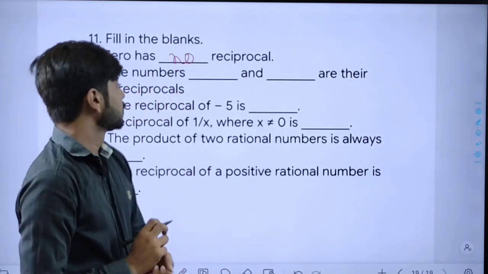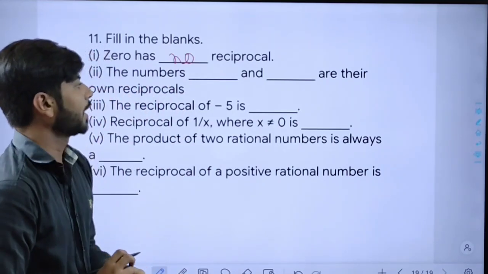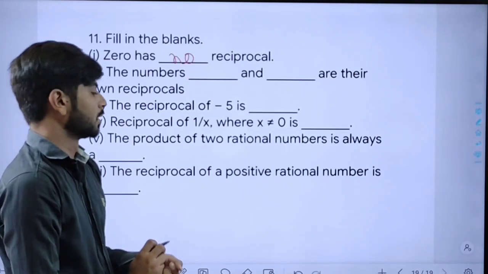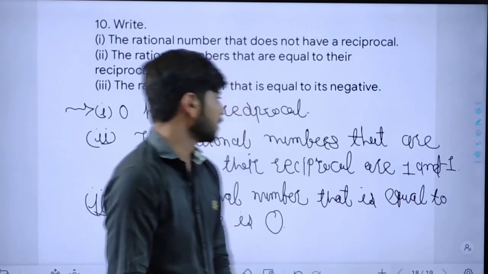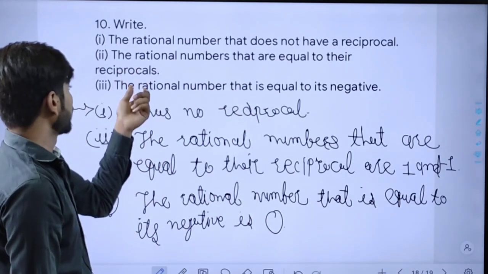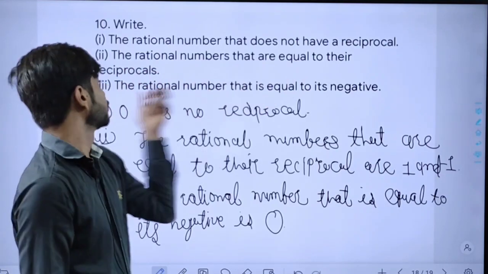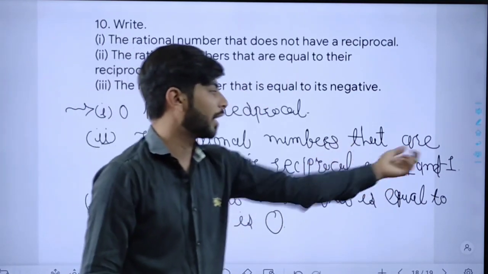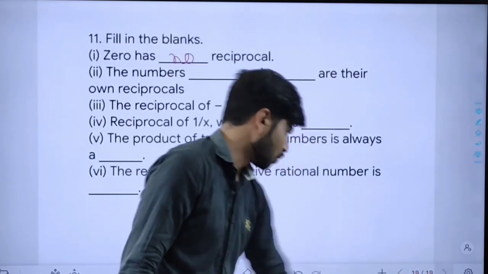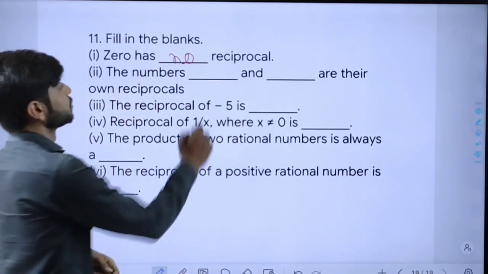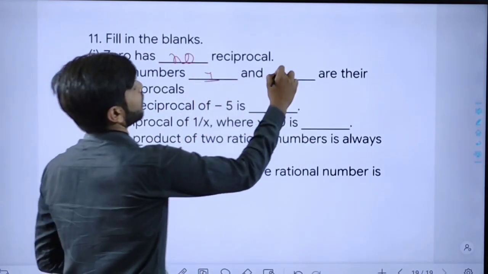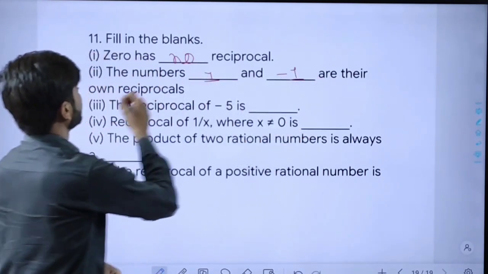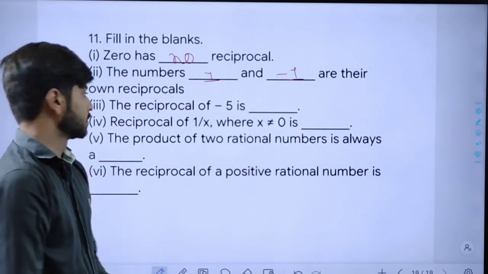The numbers blank and blank are their own reciprocals. Again we have solved this in the previous section. In question 10, the rational numbers that are equal to their reciprocals are 1 and minus 1. So we will write the numbers 1 and minus 1 are their own reciprocals.